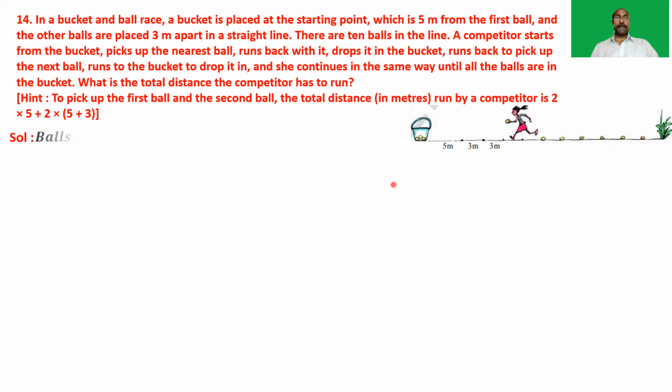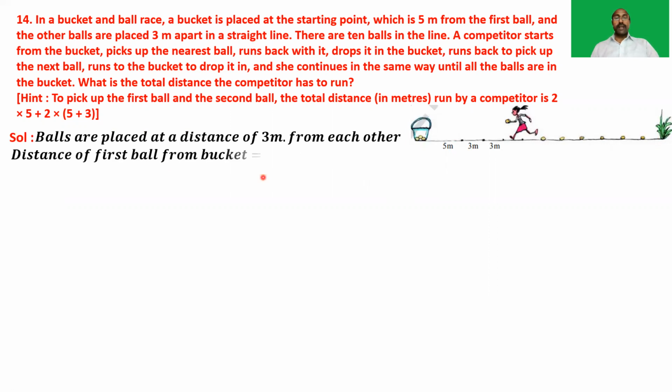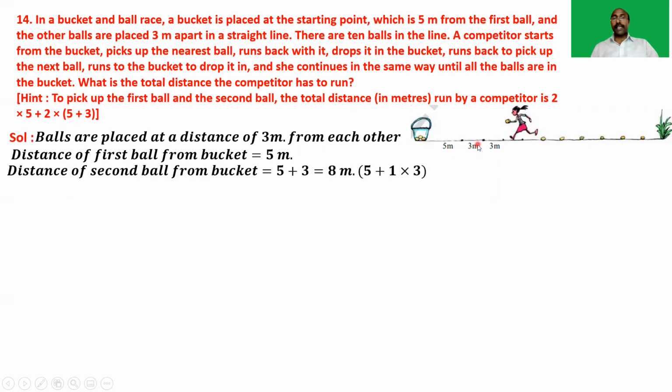So balls are placed at a distance of 3 meters from each other, as given in the problem. Now the distance of the first ball from the bucket is given as 5 meters, and the distance of the second ball from the bucket is 5 plus 3 equal to 8 meters. That is 5 plus 1 into 3. And the distance of the third ball from the bucket is 8 plus 3, that is 11 meters.